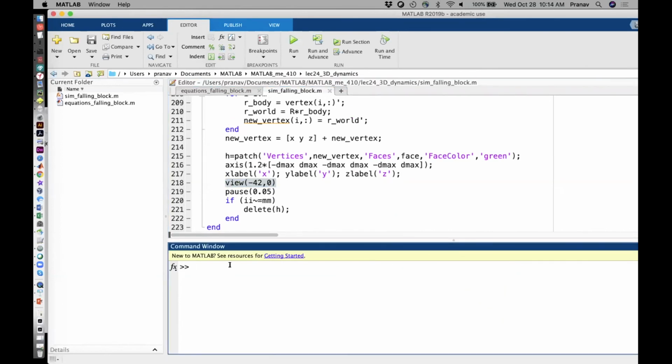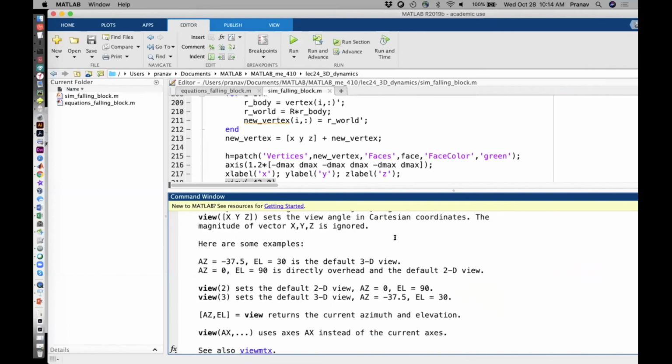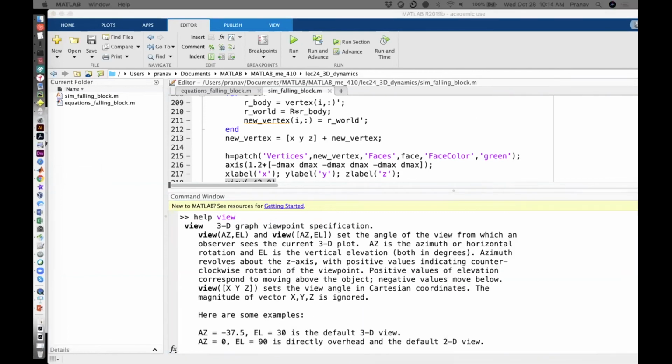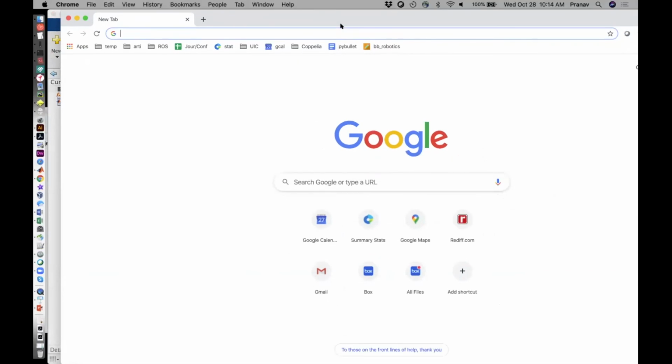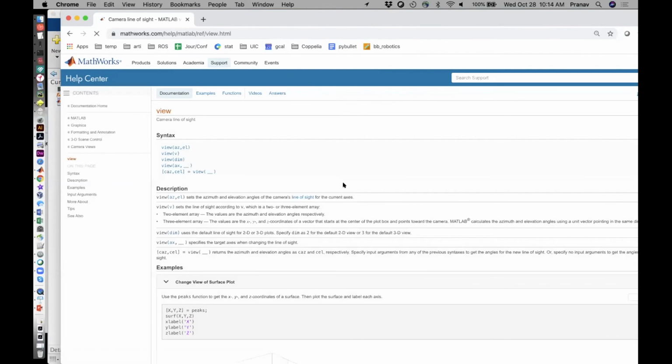So if you search for view, help view, okay, this tells you the definition, but I would just go to the documentation. I'm going to open this same view in MATLAB. So view MATLAB, and that actually has a figure which explains what those two inputs are.